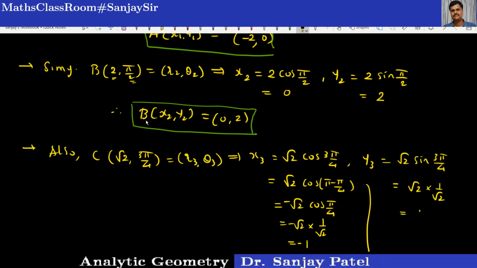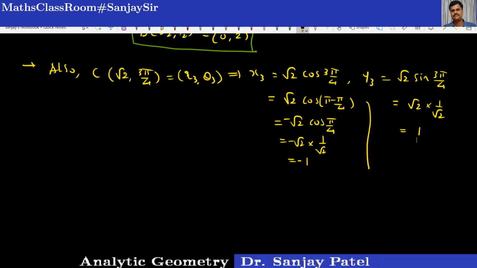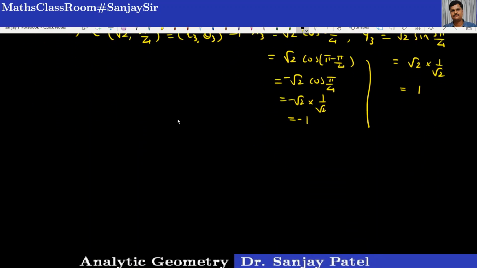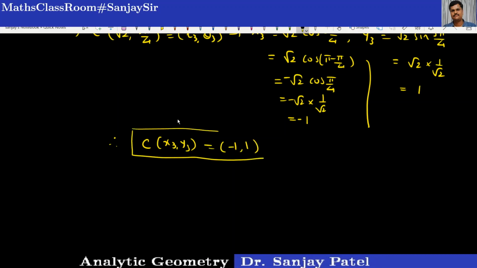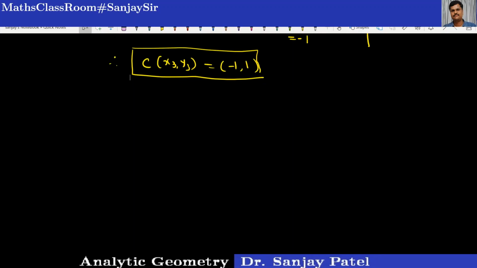So finally it is 1. So the coordinates of the point C, x3, y3, are minus 1 and 1. So you have obtained the Cartesian coordinates of the 3 points which were given in the polar system.